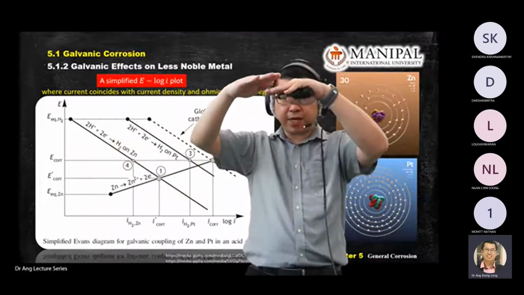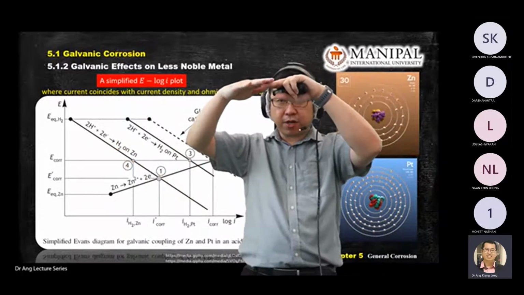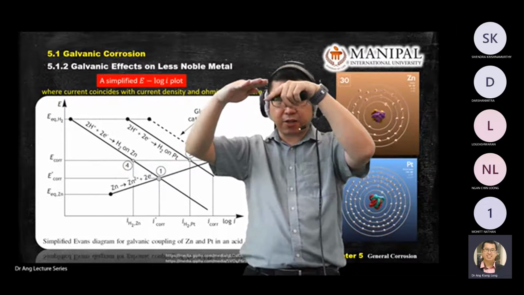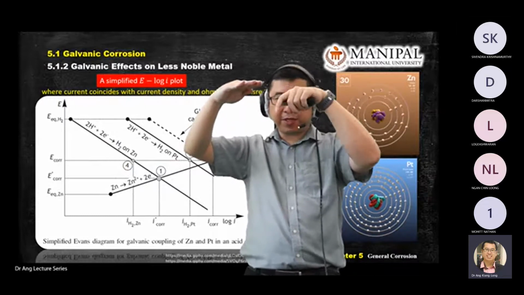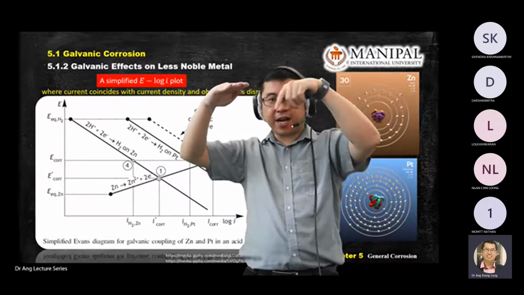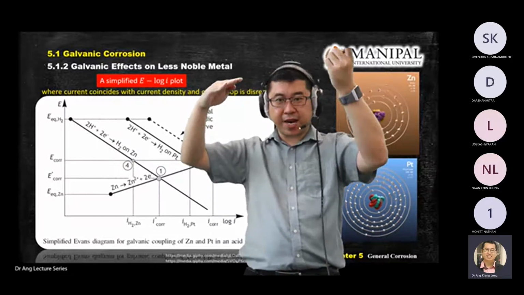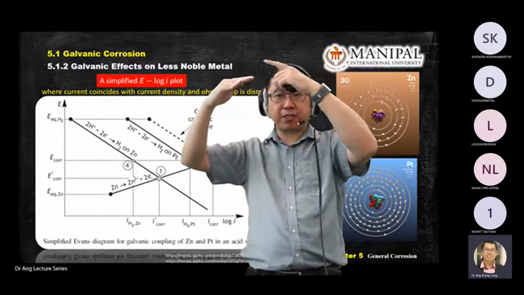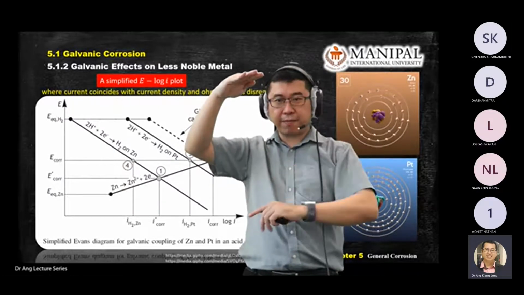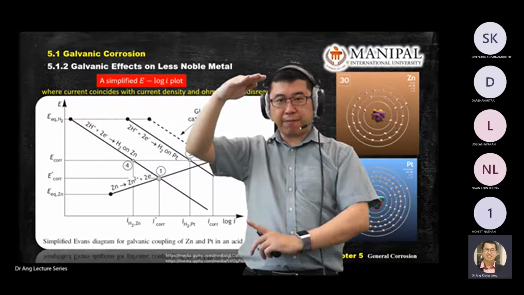And what happened to the electron? The electron will contact the positive charge around the cathode. So what is the positive charge around the cathode? Acid, right? Acid has what positive? H positive. So H positive will combine with the electron donated by the lower level metal.